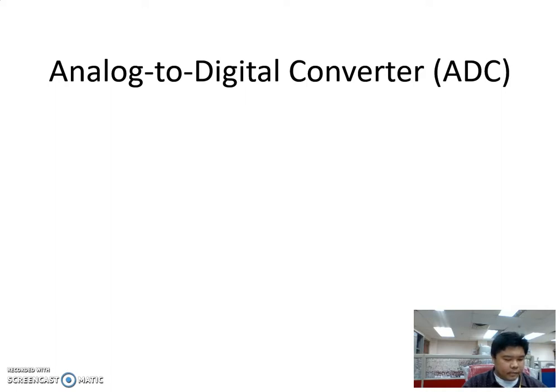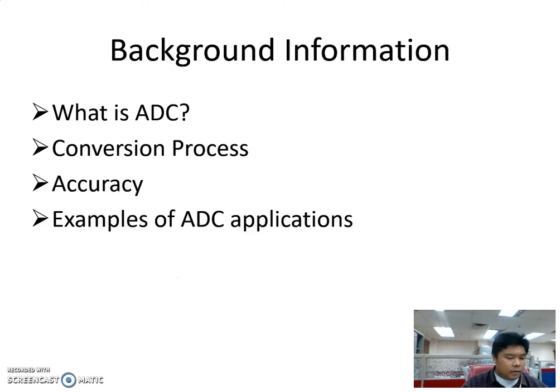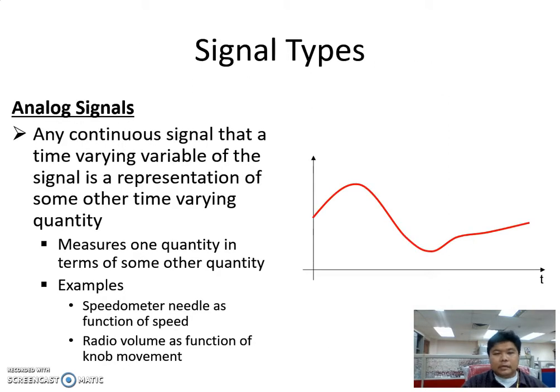Okay, so getting on to the analog to digital converter. First of all, we're going to look into what an ADC is, the conversion process, accuracy, and examples of ADC applications. When talking about signal types, there are actually only two types of signal in any application.